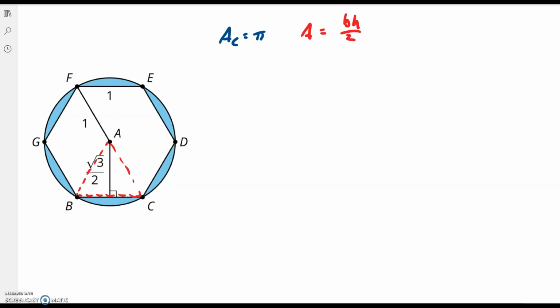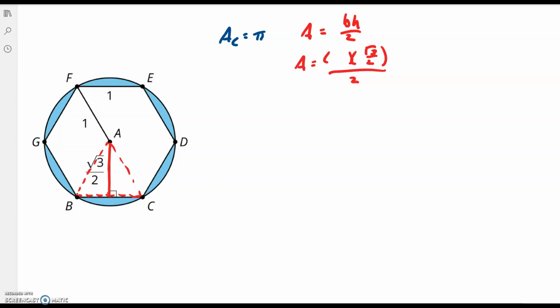The base is down there on the bottom. The height, I notice, is this piece right here, which is the square root of 3 over 2. So the area of my triangle is going to be my base times the height, the square root of 3 over 2, all divided by 2.